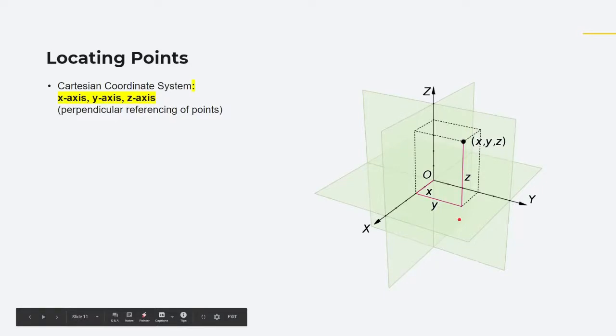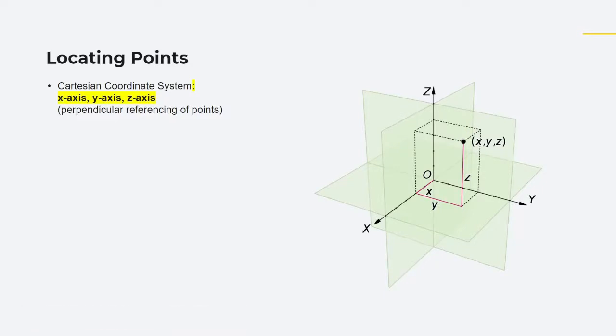Locating points is very prevalent when you'll be dealing with architectural drawings and also in product and interior design. This will be utilized in your AutoCAD, even with your SketchUp. The meeting point would serve with the x, y, and z axis.